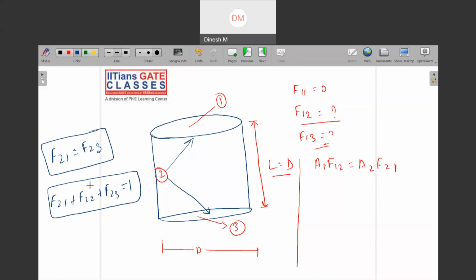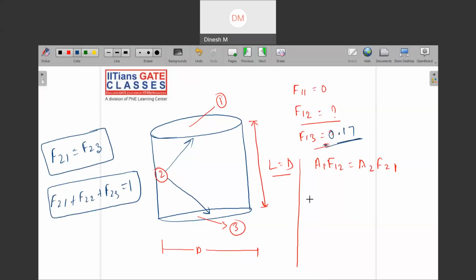So using these relations we will be able to find out F21. One thing is mentioned in this problem, that F13 is given to us. If they don't mention any one of these, then it will be very difficult for us to evaluate. So F13 is given to us as 0.17.